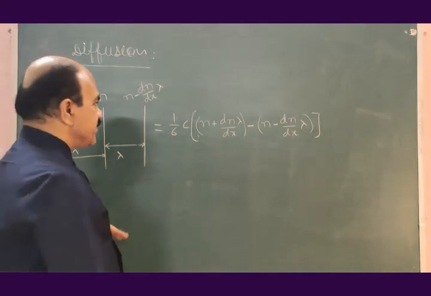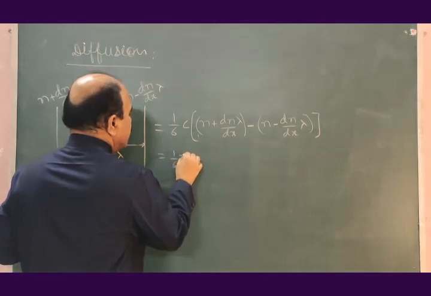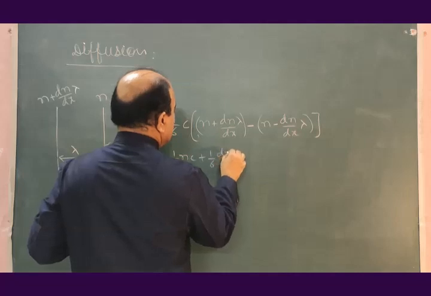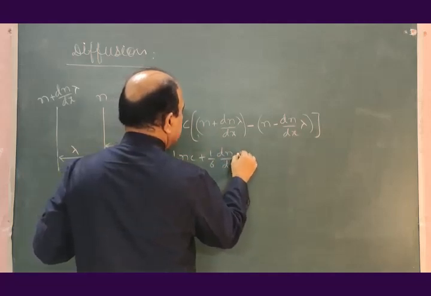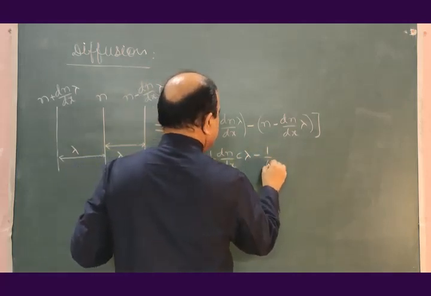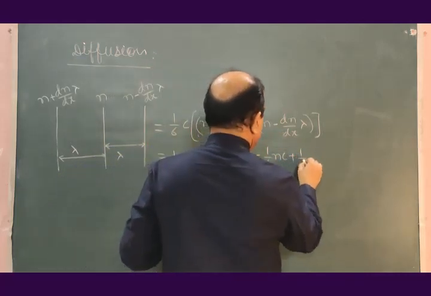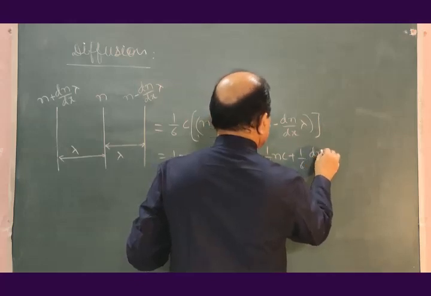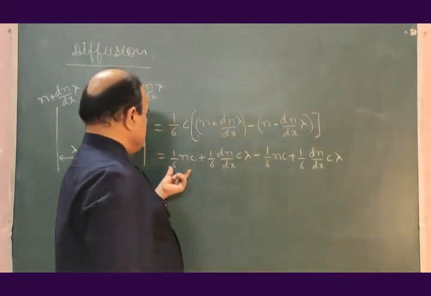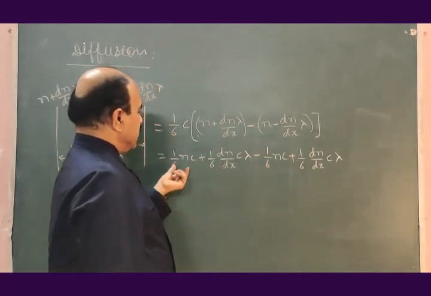Let us simplify this. So, this will be 1 by 6 n c plus 1 by 6 dn by dx c lambda minus 1 by 6 n c plus 1 by 6 dn by dx c lambda. This term is 1 by 6 nc, this term is 1 by 6 nc, this is a minus term, this is a plus term.